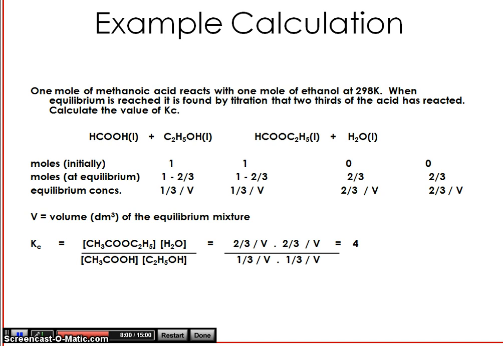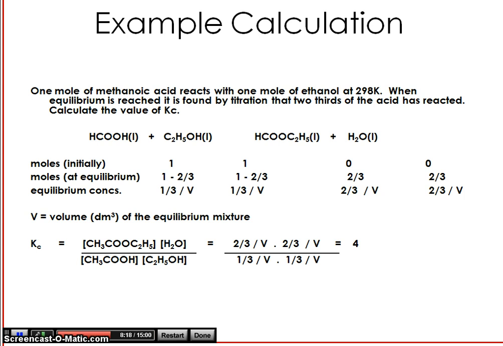Now if you look at the balanced equation, 1 mole of methanoic acid reacts with 1 mole of ethanol. So if we have used up 2/3 of methanoic acid, then we've also used up 2/3 of a mole of ethanol.